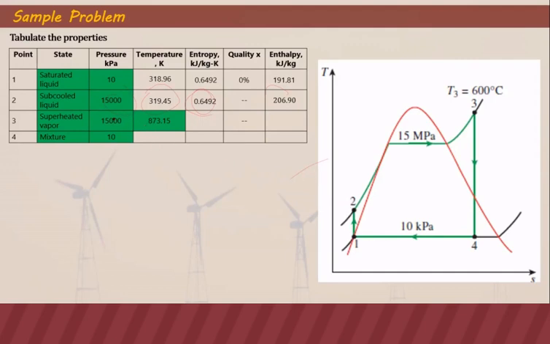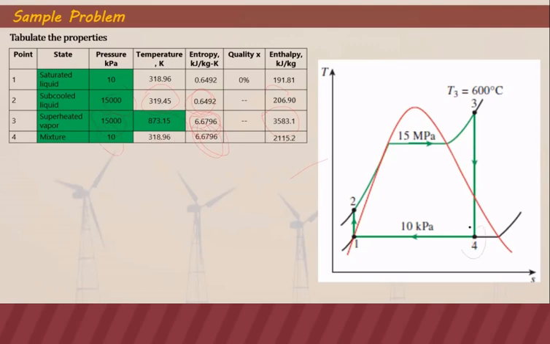Now at point 3, we know the pressure is 15 megapascal or 15,000 kilopascal, and the temperature is the same, 873.15. Using the software to solve for the entropy, we get 6.67 and the enthalpy as 3,583.1 kilojoules per kilogram. Finally, for point 4, the same process: we equate the entropy at point 4, and using entropy and pressure, you can get the temperature and the enthalpy.